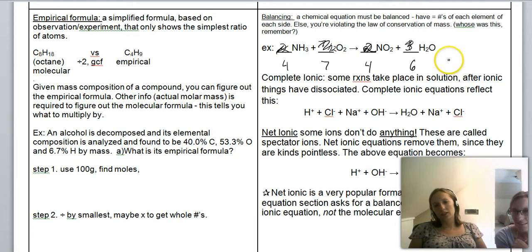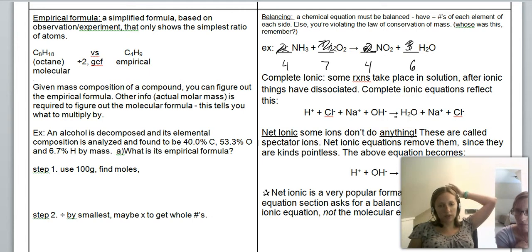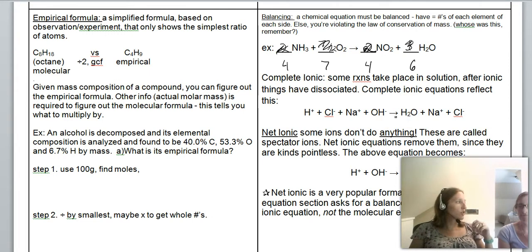One thing that we haven't done before that they do expect you to know how to do on the AP exam is to split up the ions when you're writing out reactions between ionic compounds, particularly in aqueous solutions.